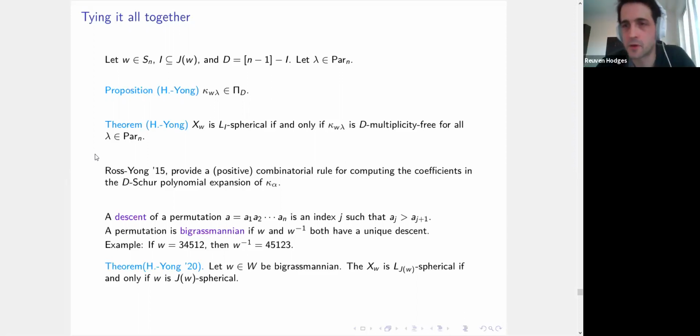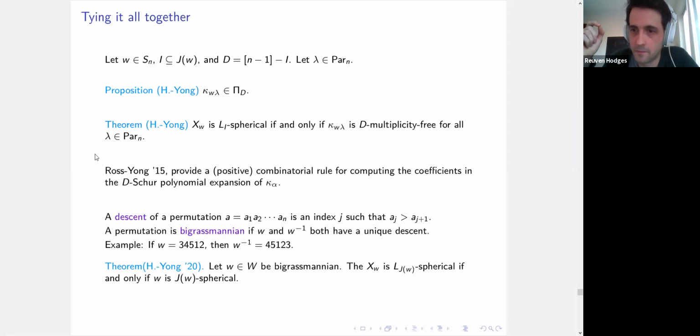Yes. So here's the connection essentially. There's a number of equivalent definitions of sphericality. One of the equivalent definitions is that a variety is G spherical if, when you look at the space of sections of any G linearized line bundle, it is multiplicity free.